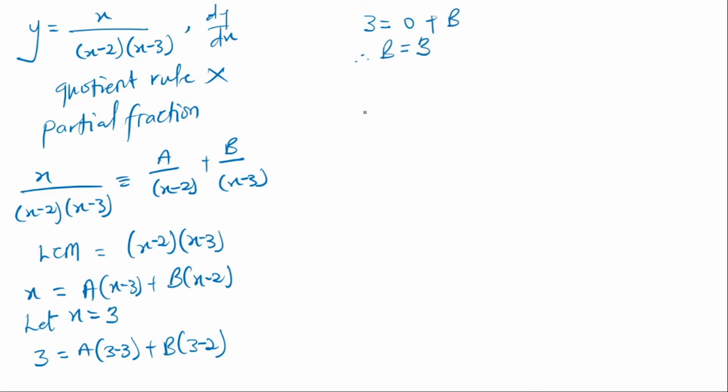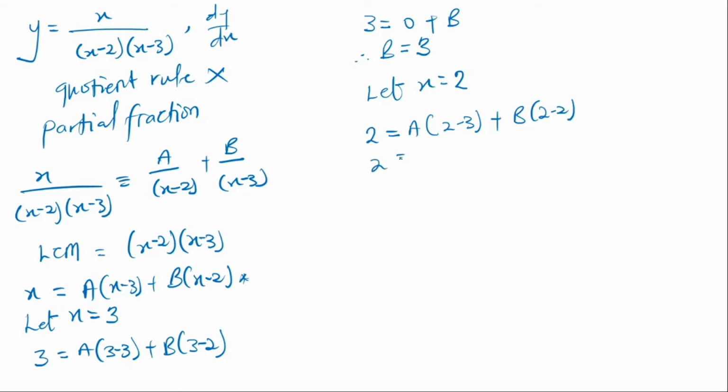Now again, let's say let x be equal to positive 2, we can see that here can also be dealt with. So if that is the case, it means the x over here, we are still using this function to find both. So it means that x over here is now 2 is equal to A into bracket 2 minus 3 then plus B into bracket 2 minus 2.